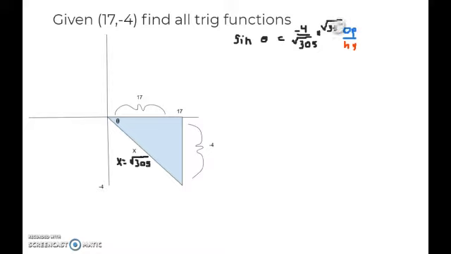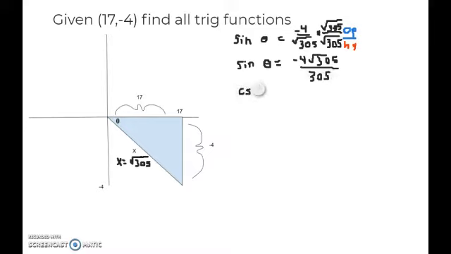And then you can't have it written like that, so you have to get the square root out of the denominator, so you multiply it by the square root of 305 over the square root of 305. Then your final answer for sine would be -4 square root of 305 over 305.